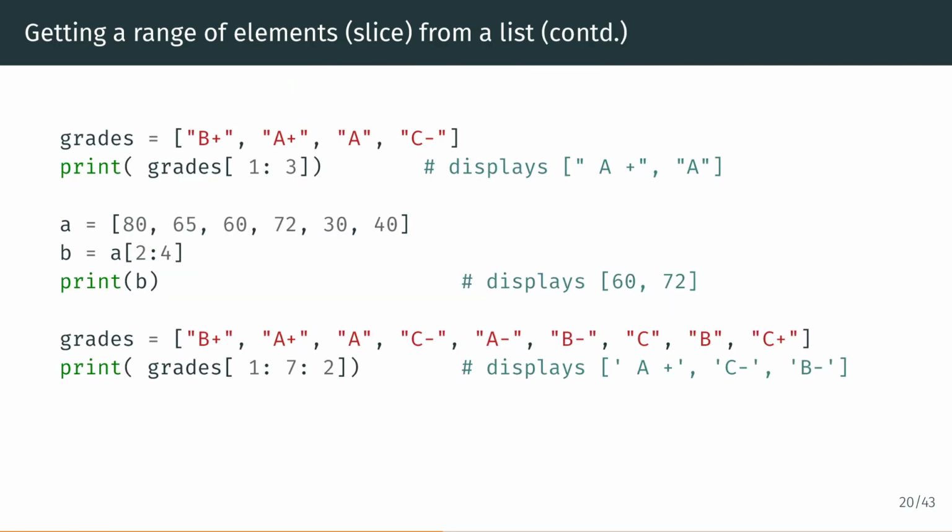Okay, now let's see a few examples of getting slices from a list. In this small code snippet right here, we have this list called grades, which contains the elements b plus, a plus, a and c minus, right? So just to remind you that the indices are 0, 1, 2 and 3.